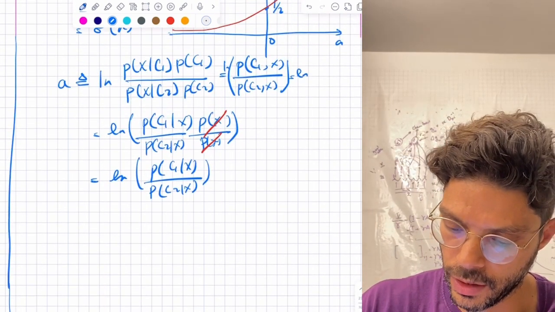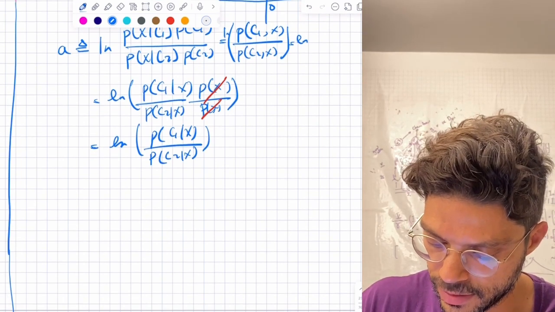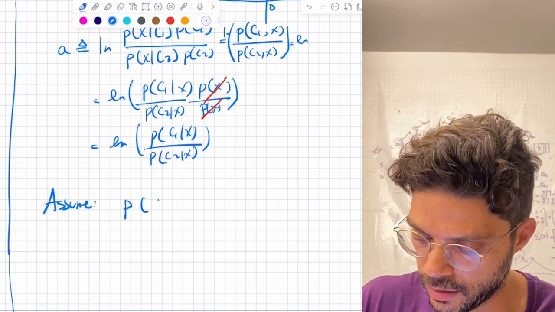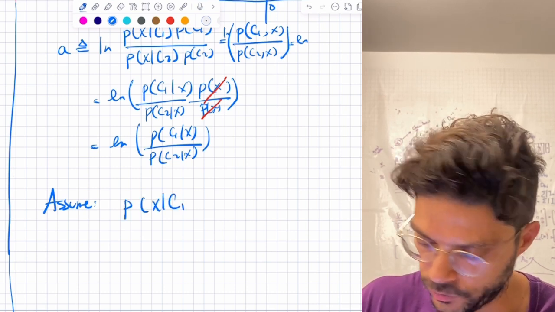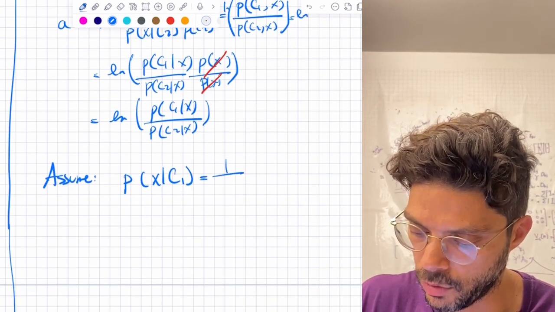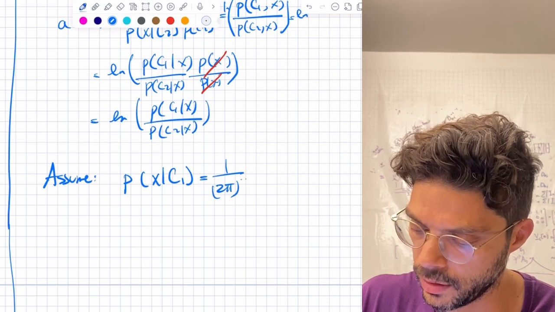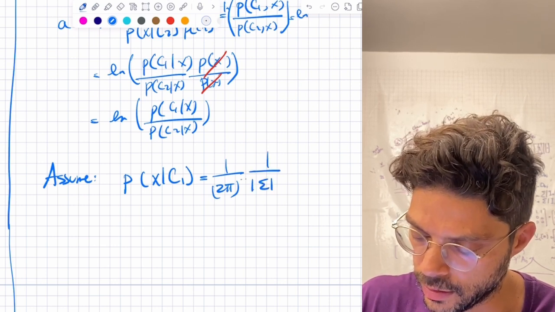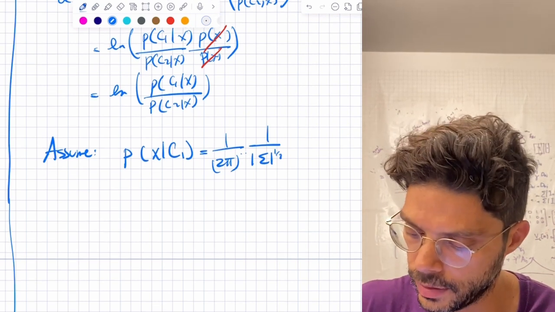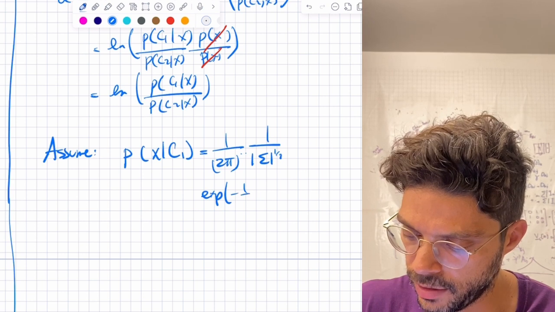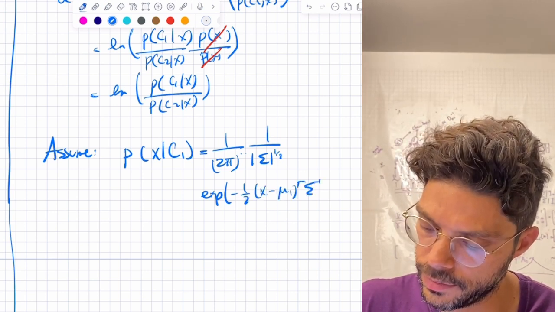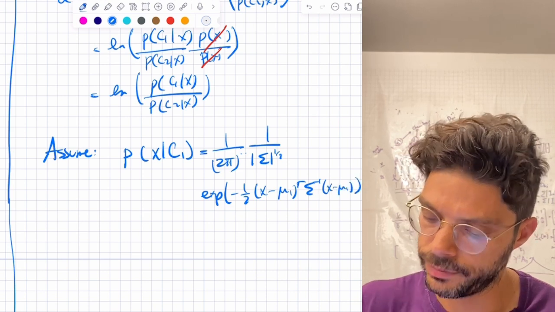So let's assume that P of x given C1 is going to equal 1 over 2 pi to the something, and then 1 over the determinant to the 1/2. Those aren't going to matter, times exponential of minus 1/2 of x minus mu1 transpose sigma inverse x minus mu1.